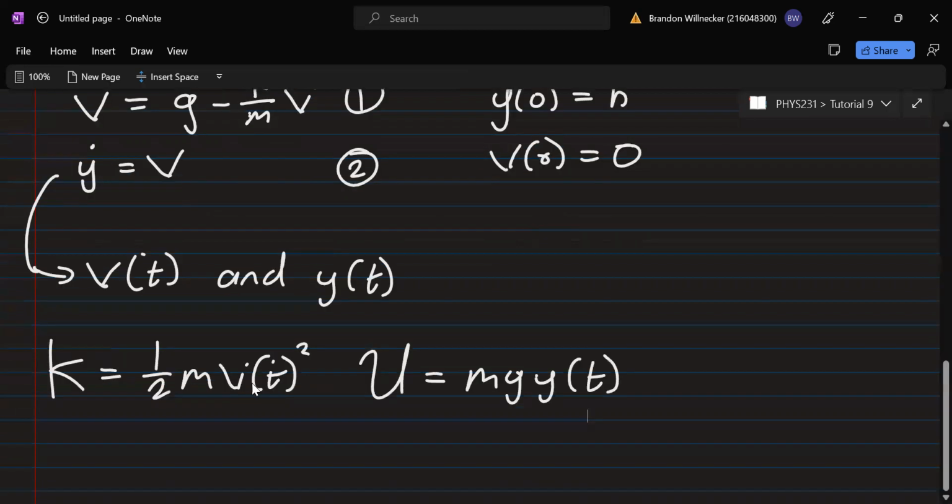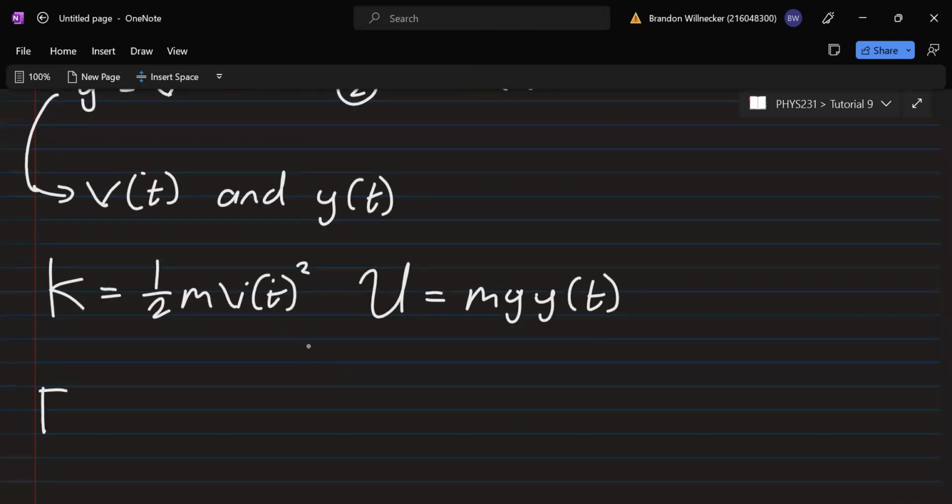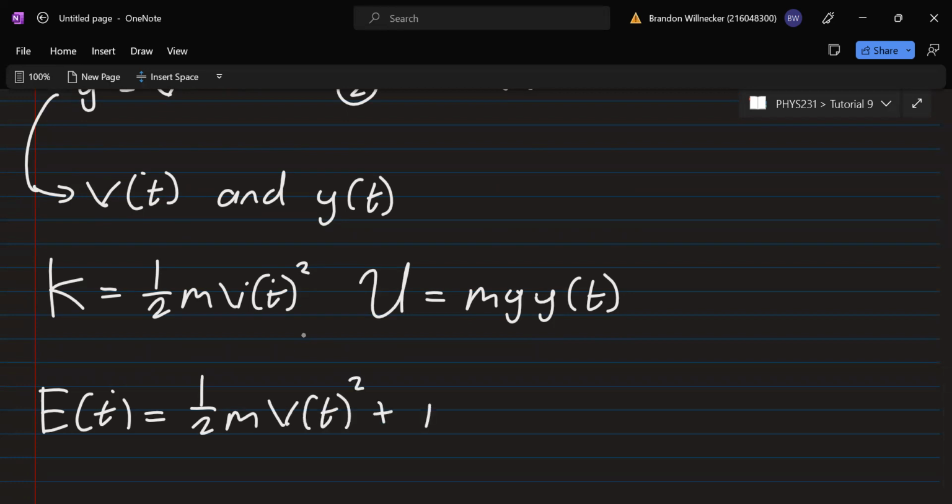If we add these two together, we get some energy of t, which is half m v of t squared plus mg y of t. But this is now going to be time dependent.